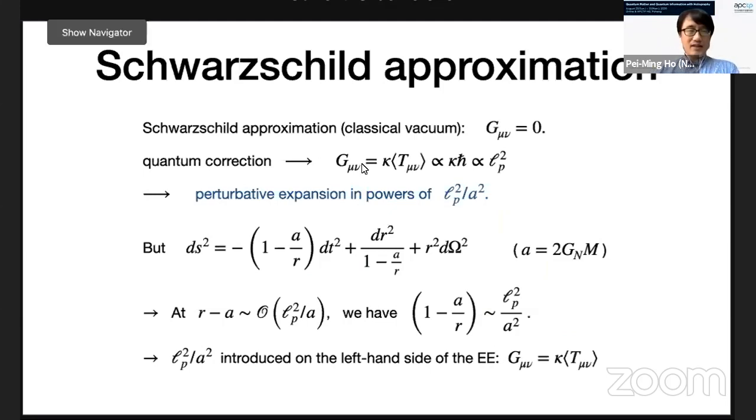So that means that on the left-hand side of the Einstein equation, you would also get factors of these. And you can also get the inverse of this factor like here. So saying that the right-hand side has an expansion in this parameter actually does not guarantee that this is a good perturbative expansion, because on the left-hand side, you also have factors of that. So a priori, you cannot immediately be sure that this is a good expansion.